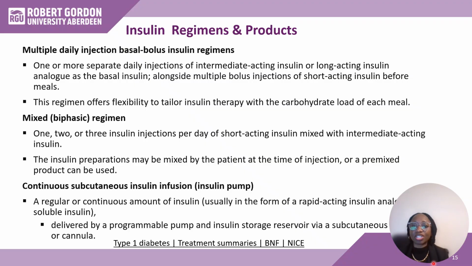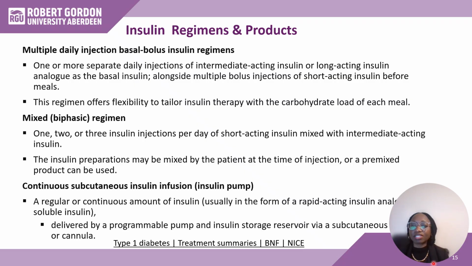The second option is the biphasic or mixed insulin regimen, combining short-acting and intermediate-acting insulin in a single injection. Depending on the patient's needs, this may be administered once, twice, or three times daily. The third option is the continuous subcutaneous insulin infusion or insulin pump therapy.